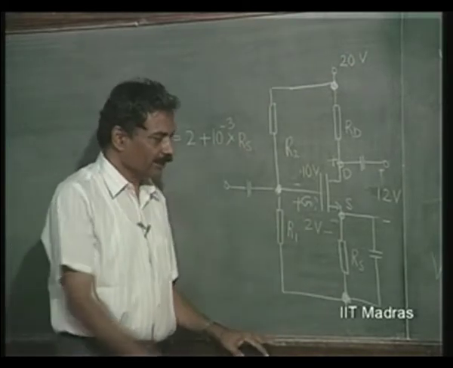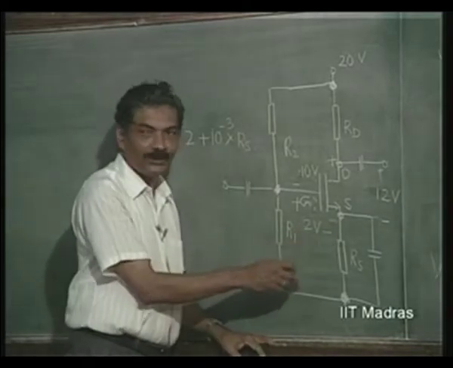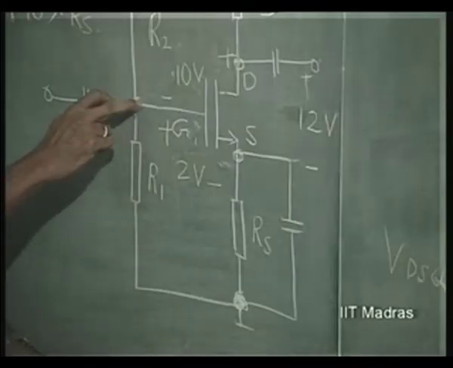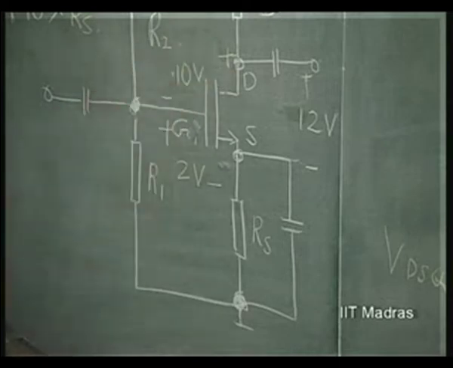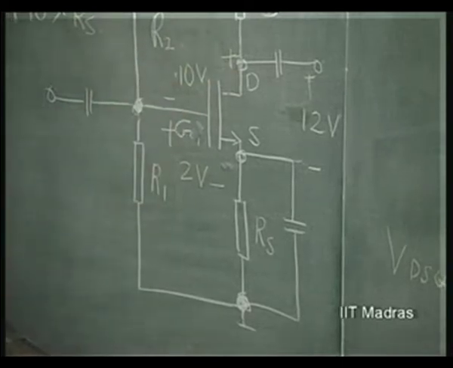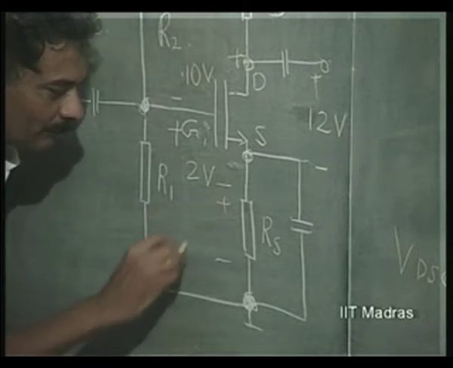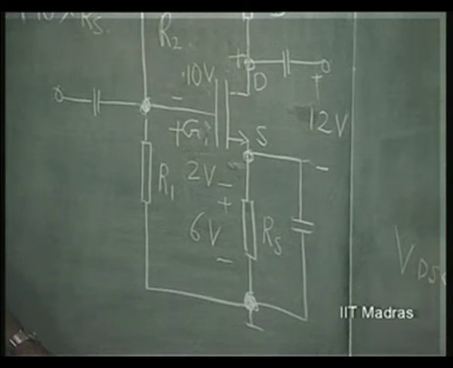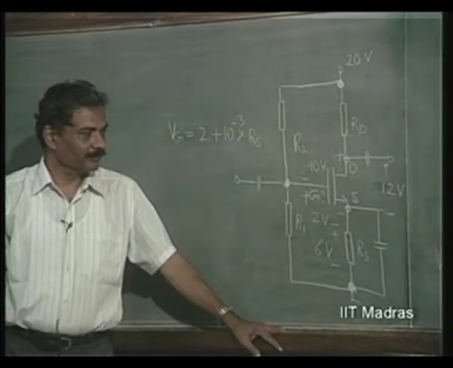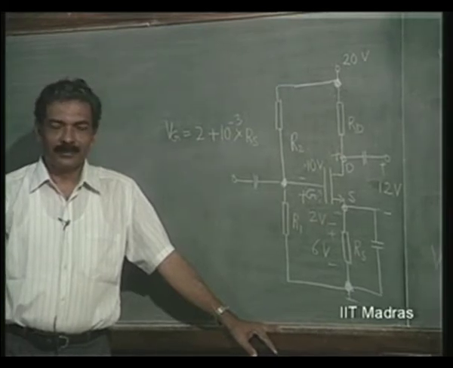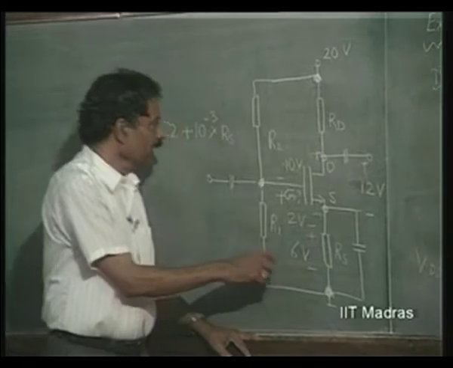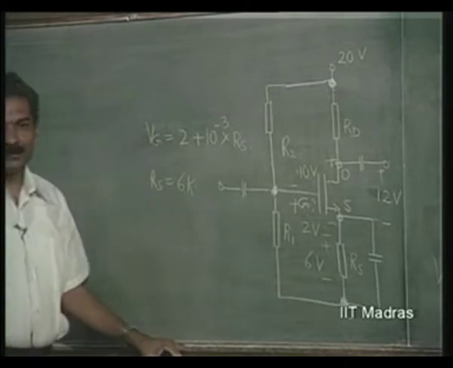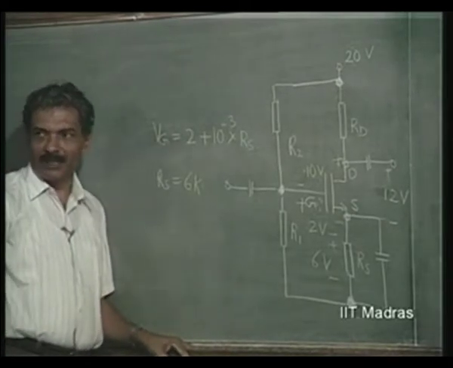However, let us take this as now 4 volts, or 8 volts. If you take it as 8 volts, straight away this will be 10 volts, this is 20 volts, no drop here. That means you cannot have RD at all. So we will take it as, let us say, 6 volts. If this is 6 volts, then RS is 6K, with 1 milliampere flowing through it.